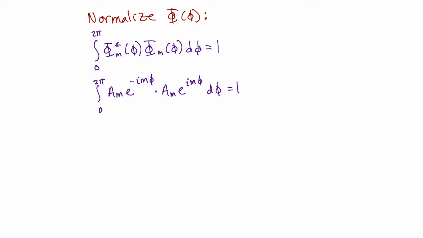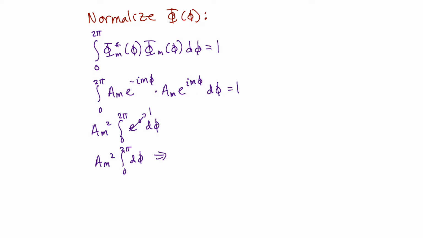So let's take our constants out. We have A_m squared, and then we have e to the 0, d phi inside, and that just goes to 1. So A_m squared times the integral of just d phi.